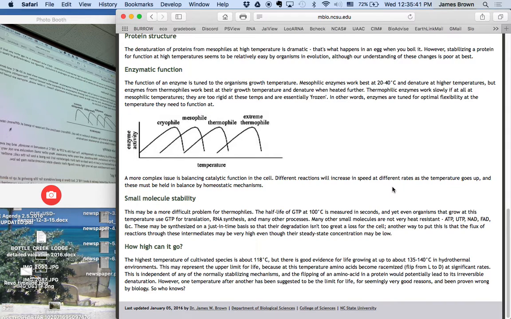Probably what these organisms are doing, one is they stabilize them by molecular crowding. You just don't have a lot of available water in the cytoplasm. Oftentimes you'll have compounds in the cytoplasm that are thermal stabilizing. But mostly it's a matter of producing it just in time. It may be that the half-life of GTP is 3 seconds, but it may also be that in the cytoplasm, GTP is on average used within 100 milliseconds of its production, in which case the hydrolysis rate isn't really very important.